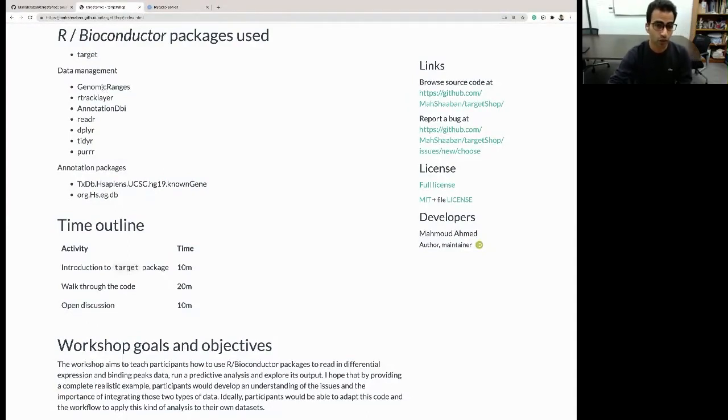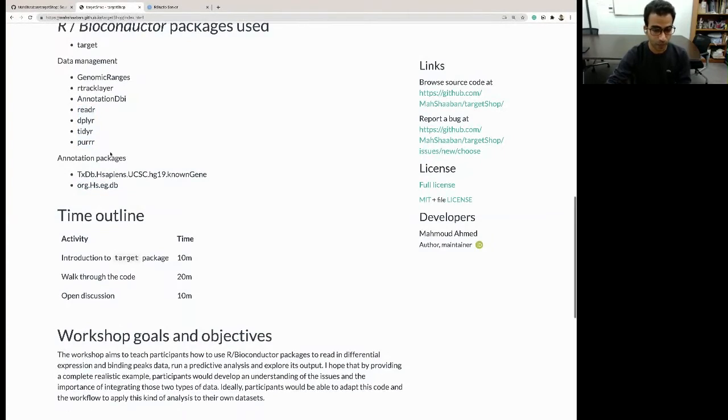So the GenomicRanges package, rtracklayer to read the BED files, and the AnnotationDbi package to interact with the annotation packages, the TxDb Homo sapiens hg19 genome, and then the Homo sapiens organism package from Bioconductor. And then some other tidyverse packages to read in data and manipulate it.